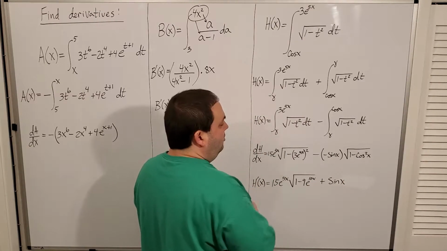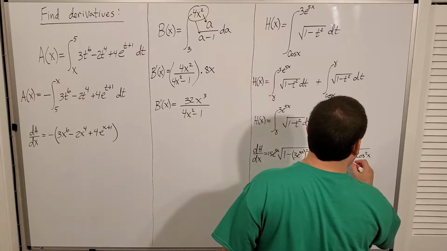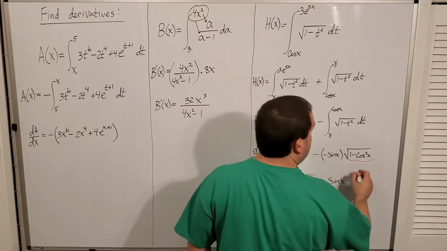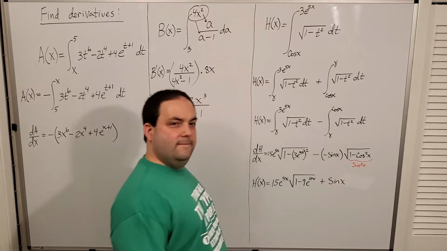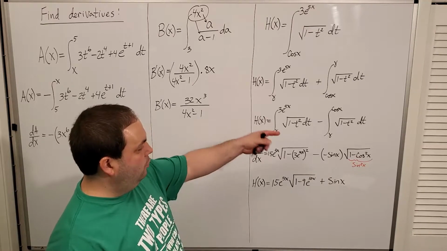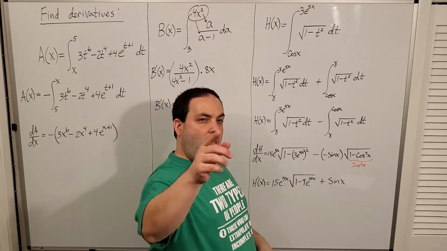But then also don't forget 1 minus cosine squared is sine squared. And I've got square root of sine squared. What do you think that's going to give me? Almost.